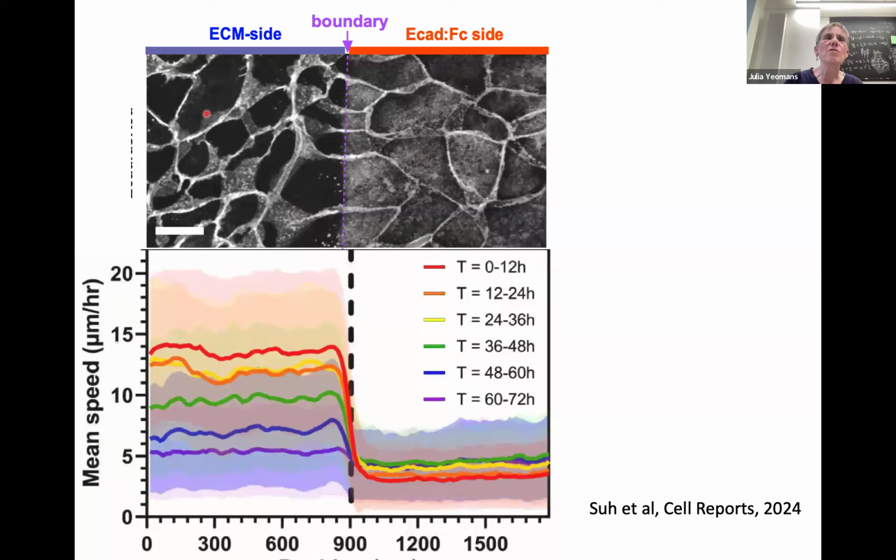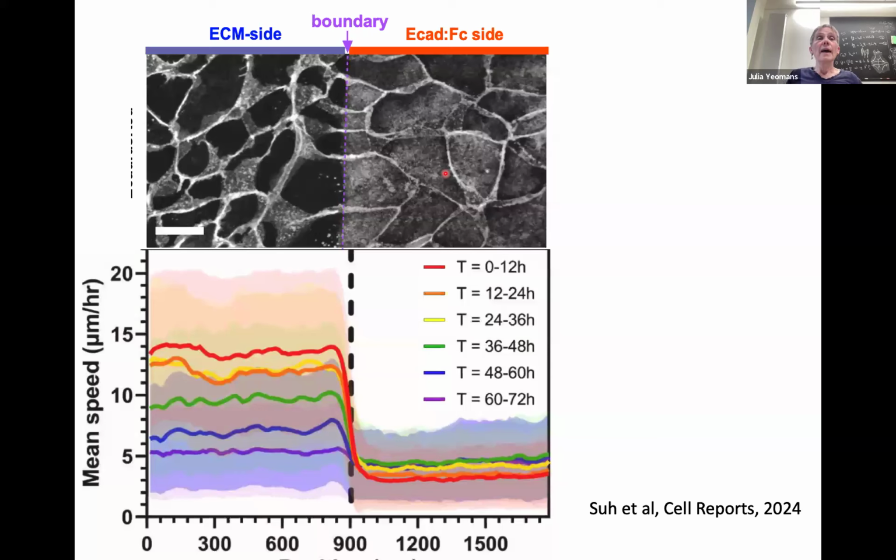So this would be like in a real system where the cells are in a biological system, the cells would be next to the extracellular matrix. And here is what you tend to put on slides to make the cells adhere and move around.